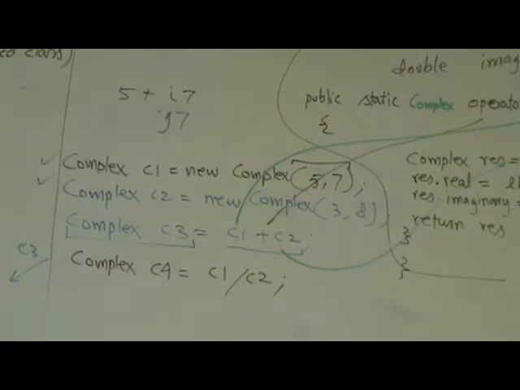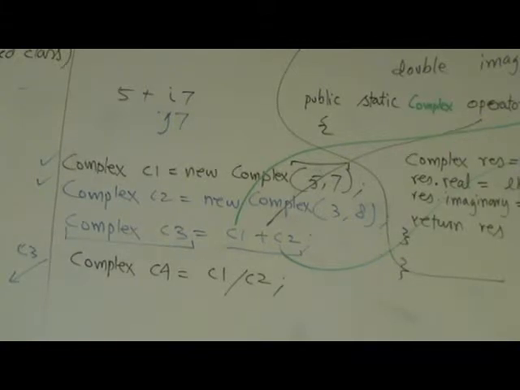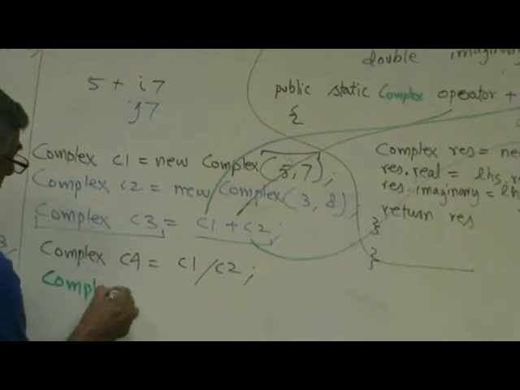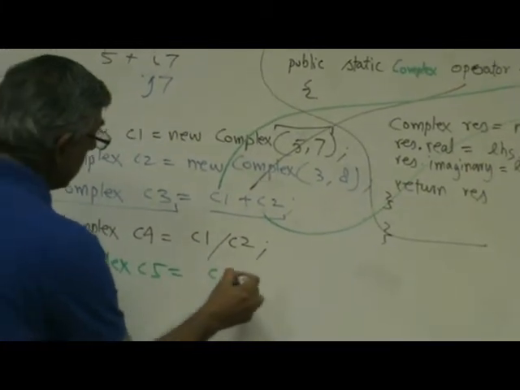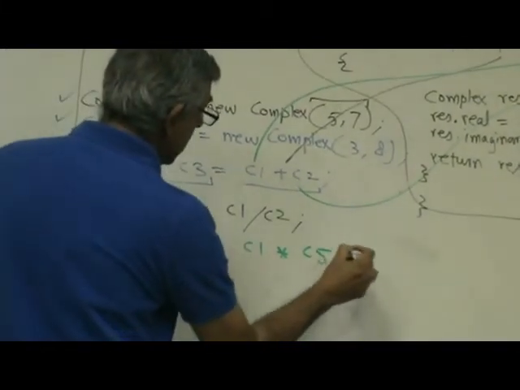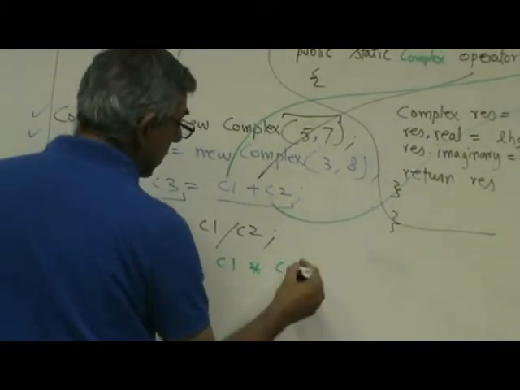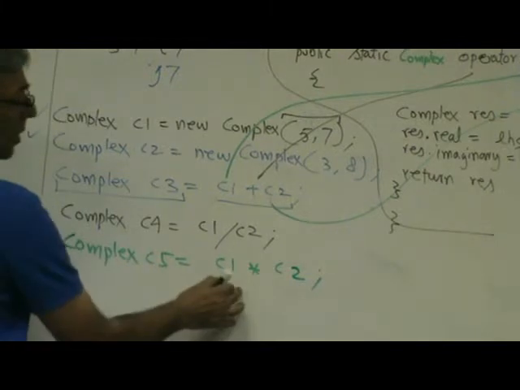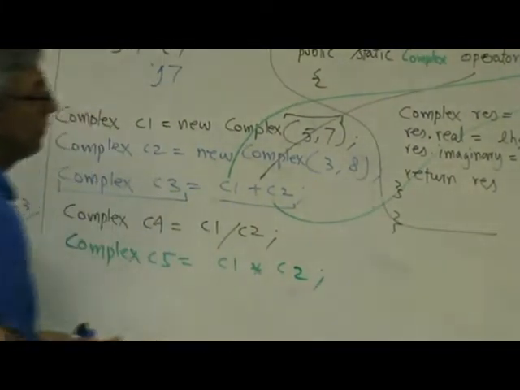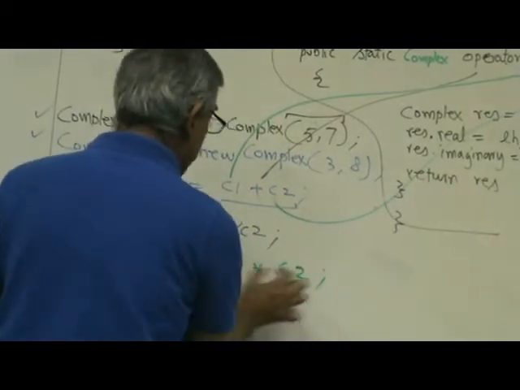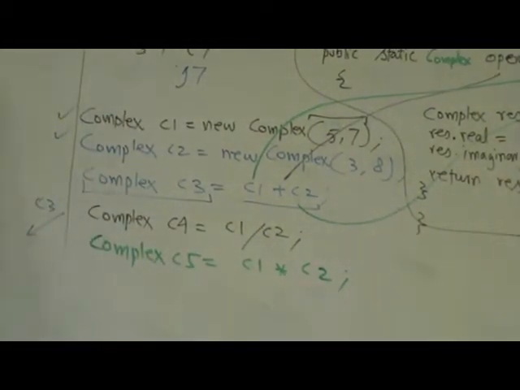We'll have to overload again for the divide operator, right? Very similarly, what if you try to do complex C5 equal to C1 times C2. Again, there will be an error, so we'll have to provide an overload of the multiply. Okay, so let me give you just quick code for the multiply, then I'll stop.